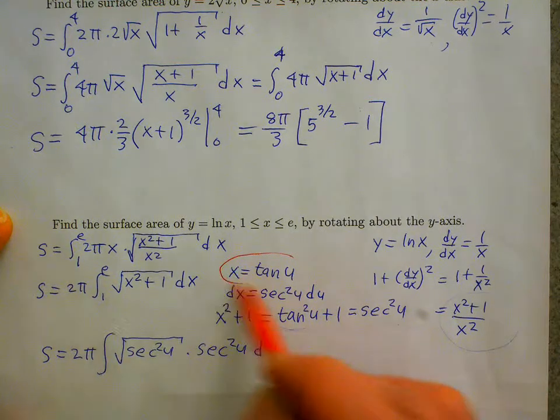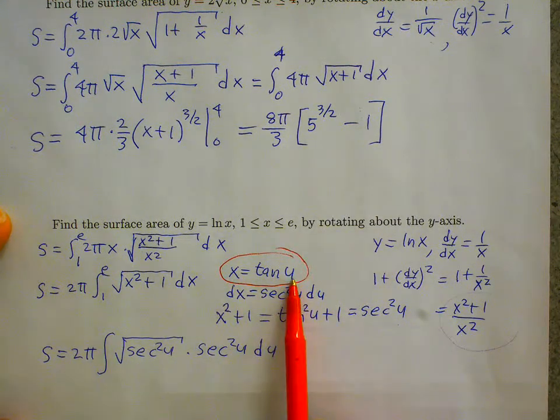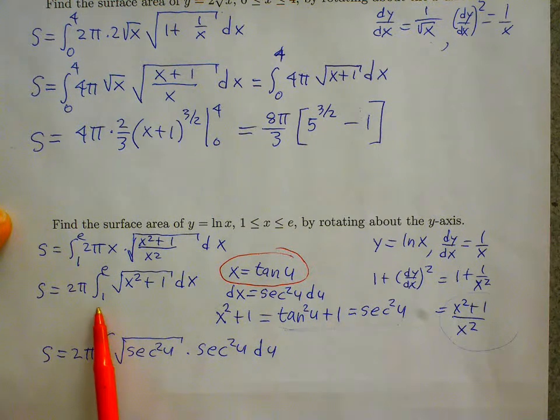So here is our trig substitution, x equals tangent of u. In the original integral, the limits are x values.